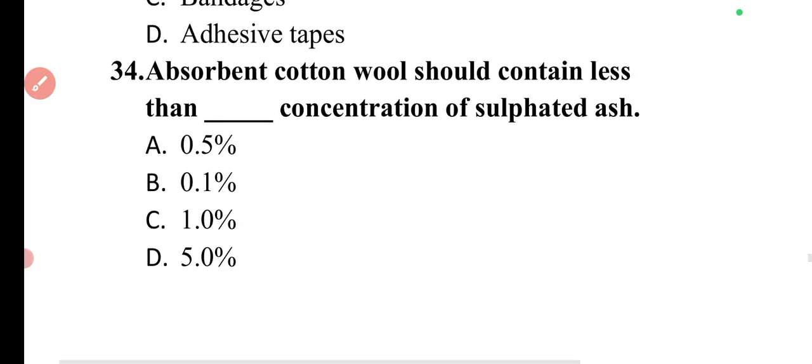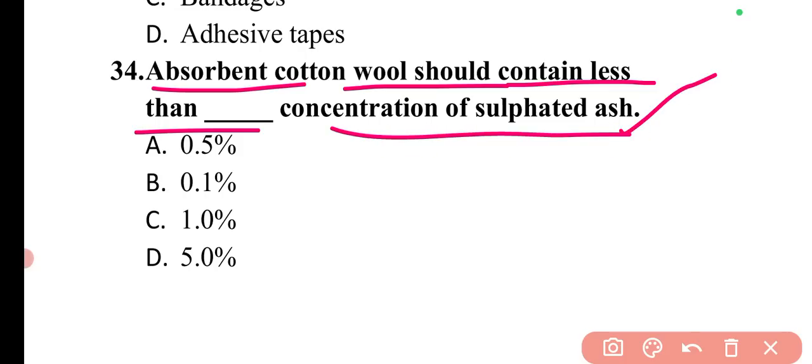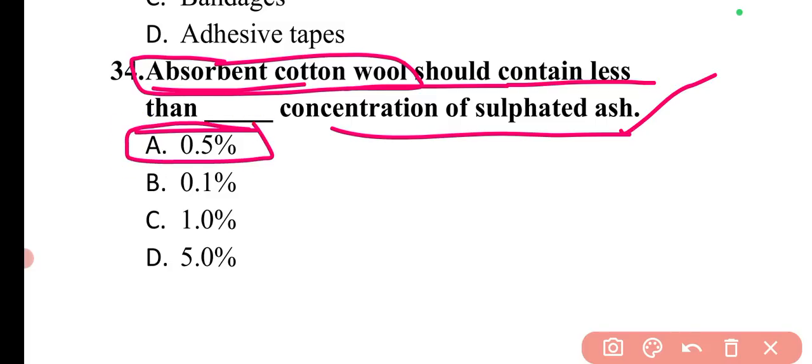Next question is, absorbent cotton wool should contain less than dash concentration of sulfated ash. So the absorbent cotton wool should have less than 0.5% concentration of the sulfated ash. So here option A is correct.